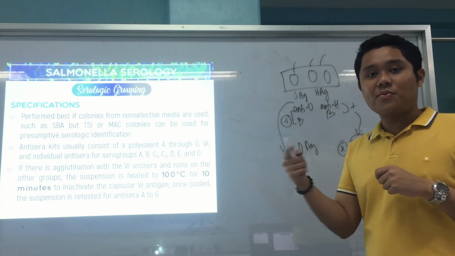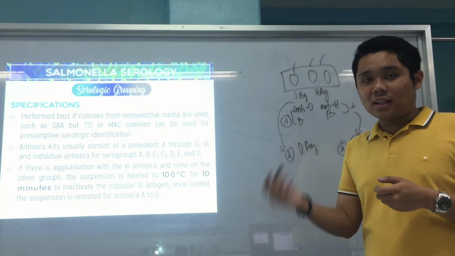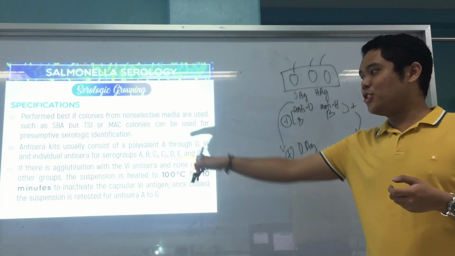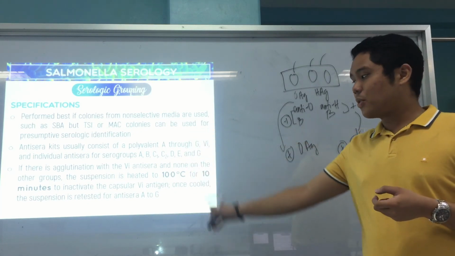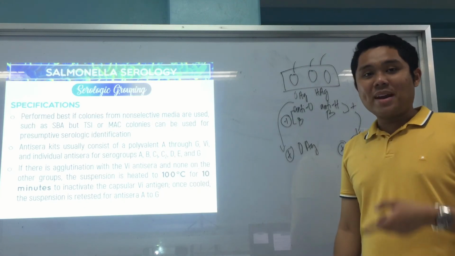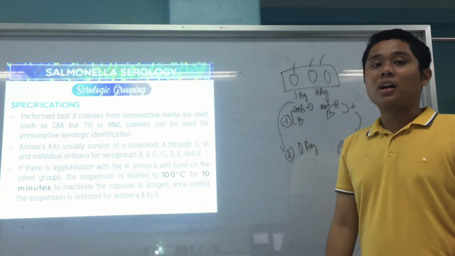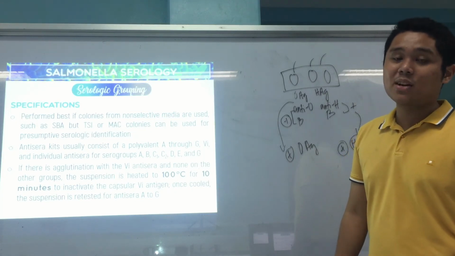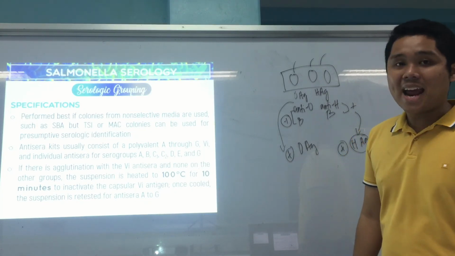If it agglutinates with the VI anti-sera, it means the bacteria has the VI antigen. So you need to heat the suspension at 100 degrees Celsius for 10 minutes to inactivate the capsular K or capsular VI antigen. Once cooled, the suspension is then retested for anti-sera A to G.